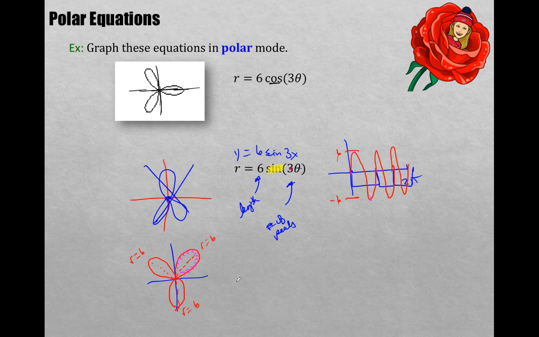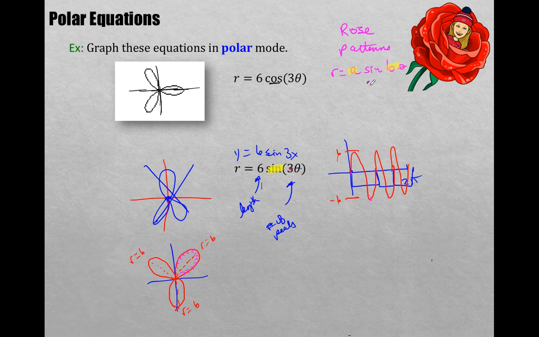Cool. All right, so we've started to establish some rose patterns. R is equal to some amplitude, sine, I don't know, let's call this B theta. And again, remember that A is going to be the length of your petal, and B is going to be the number of petals that you have.